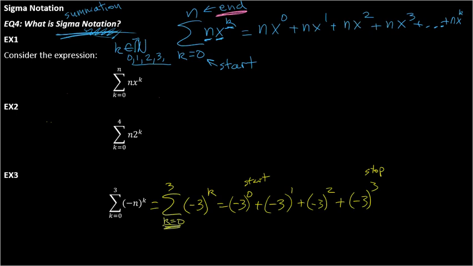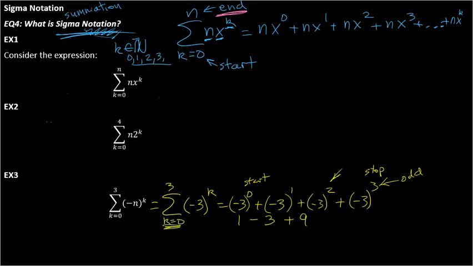Now I'm just simplifying. So this is going to be 1, and then minus 3, and then plus 9, because negative 3 squared is negative 3 times negative 3, so positive 9. Then we have negative 3 to the third power, and this is important. This is odd, so that means I'm going to be negative. If you have a negative number raised to an odd power, your answer is going to be negative.